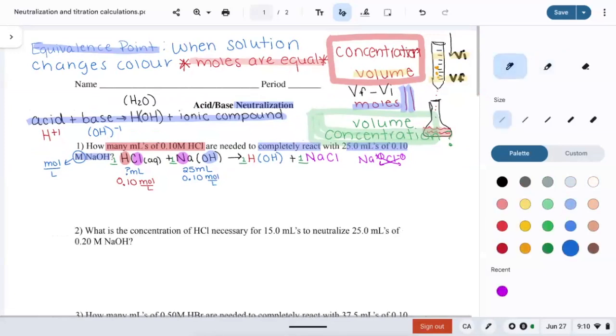Other times it will say reaches equivalence point. And equivalence point we'll write as EP. Or other times it will say when the indicator changes color.